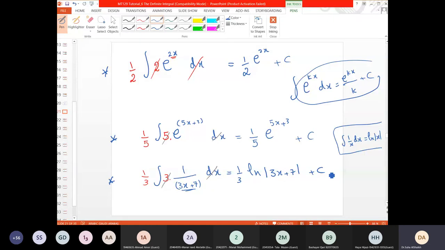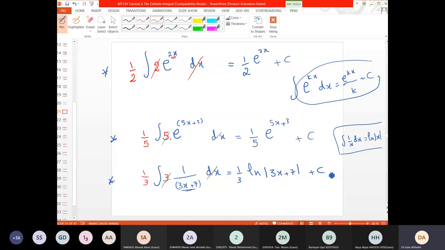So in case there is a function inside another function, ln of a function, exponential of a function, power of a function, we have to apply this rule. The derivative of the inside function must be out there.